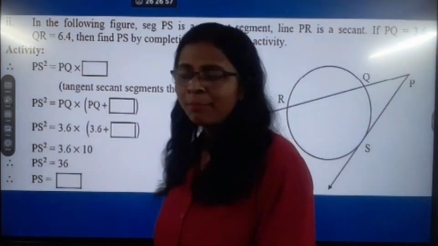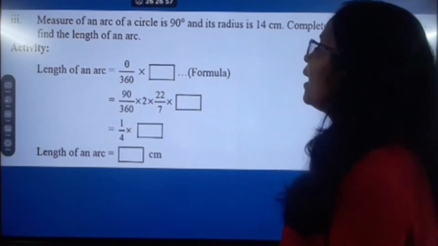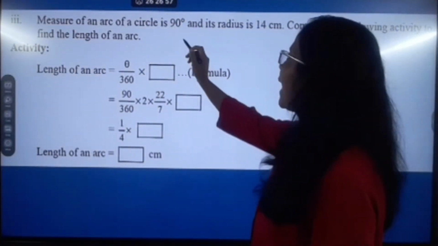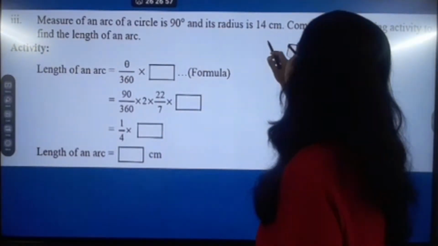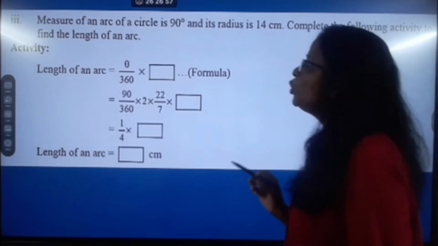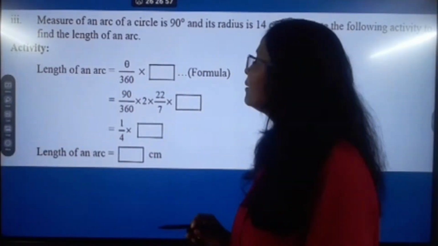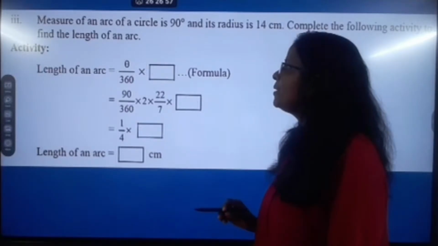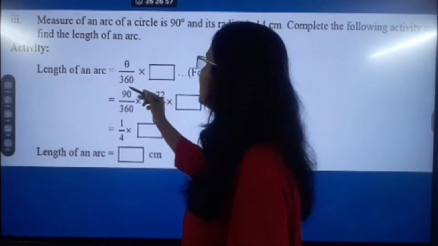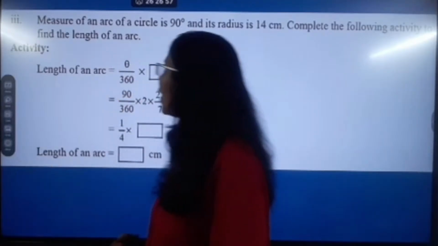So now, next example, student. The measure of an arc of a circle is 90 degrees and its radius is 14 centimeters. Complete the following activity to find the length of the arc. The length of an arc is equal to theta upon 360 multiplied by 2 pi r. So here we have to write the formula.